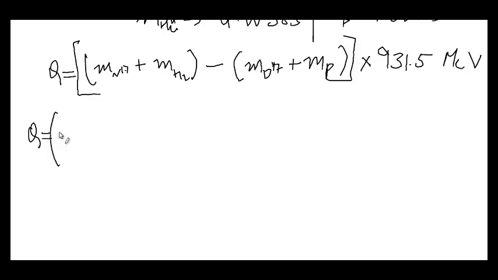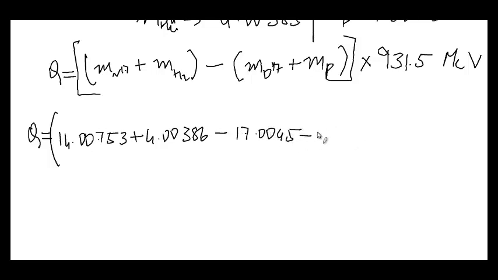So this would be 14.00753 plus 4.00386 minus 17.0045 minus 1.00813, into 931.5.